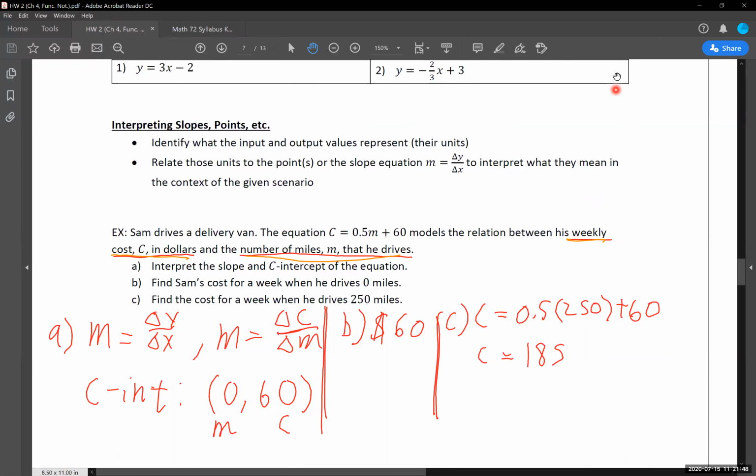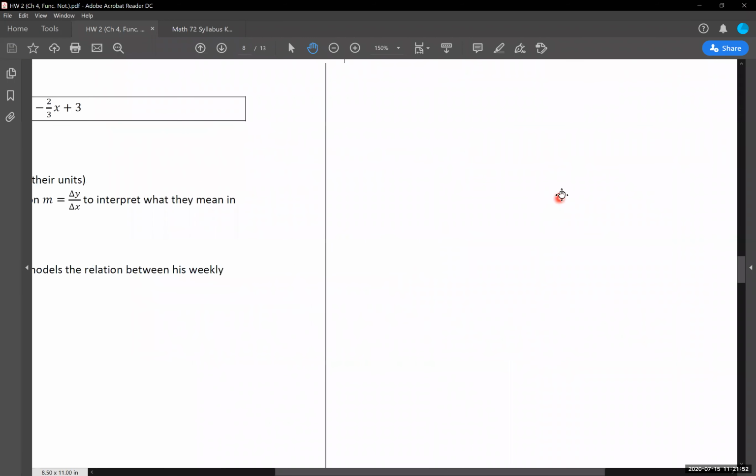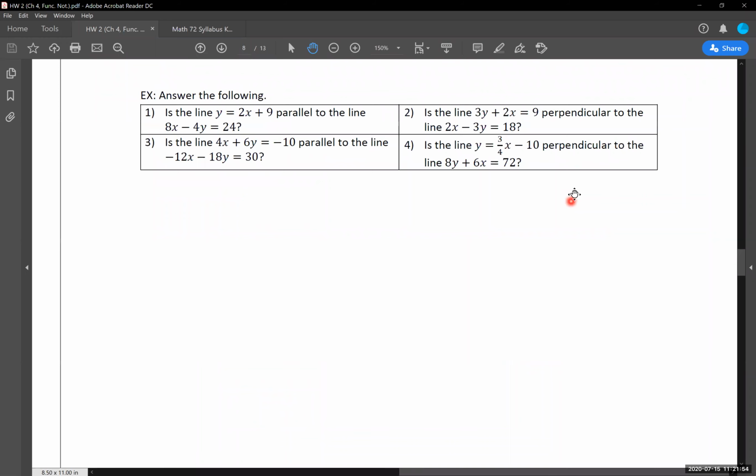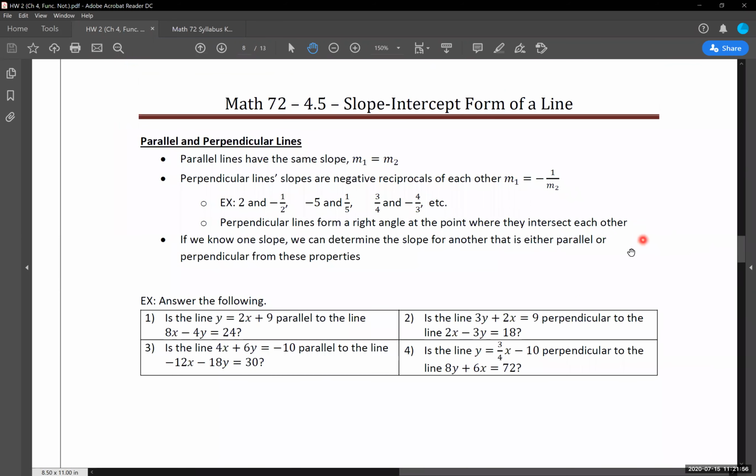Let's move on to our next part that we have here. Okay, so now this brings us to working with parallel and perpendicular lines. These are ones where we have just some facts that are stated about the slopes, comparing the slope values and what we can do with them accordingly.